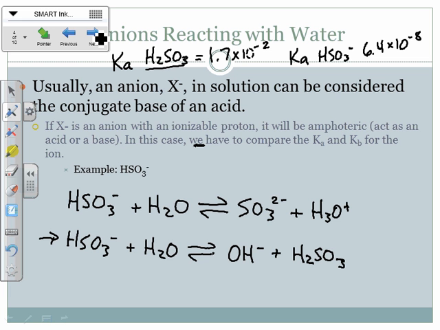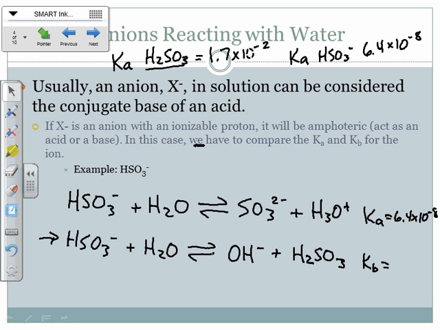Now the Ka for this top one here, you already know that, 6.4 times 10 to the negative 8th. For the Kb down here, once you plug that into the equation, you're going to end up taking 1 times 10 to the negative 14th divided by 1.7 times 10 to the negative second.